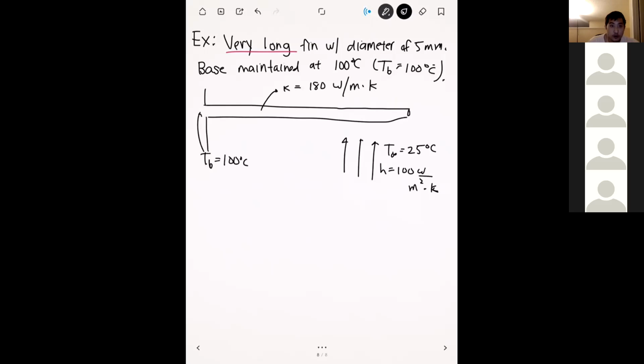We want to solve for three things. First, we want to solve for the temperature distribution in the rod. We also want to solve for the total heat transfer rate, or in other words, the total amount of heat lost from the fin.